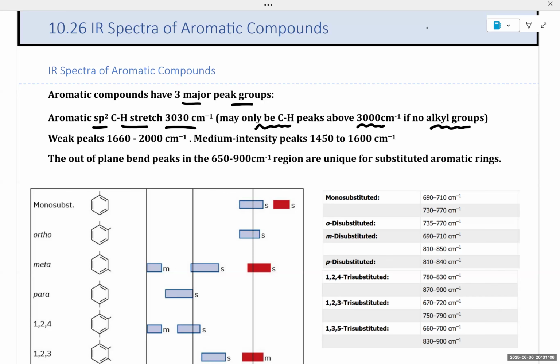Aromatic compounds also exhibit weak peaks from 1600 to 2000 and medium intensity peaks from 1450 to 1600. These are mostly the CC stretching absorbance frequencies.